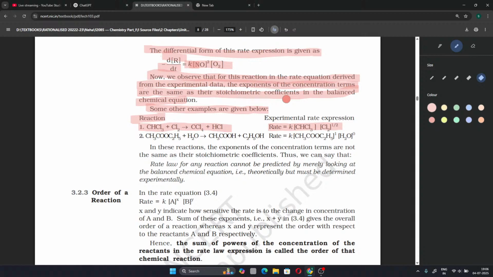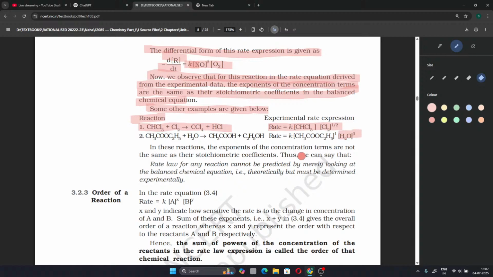In case of the second reaction, where it is CH3COC2H5 plus H2O, it is basically methoxyethanoate plus H2O reacting with water will give us ethanoic acid plus ethanol. The rate of this reaction doesn't depend on the concentration of water.